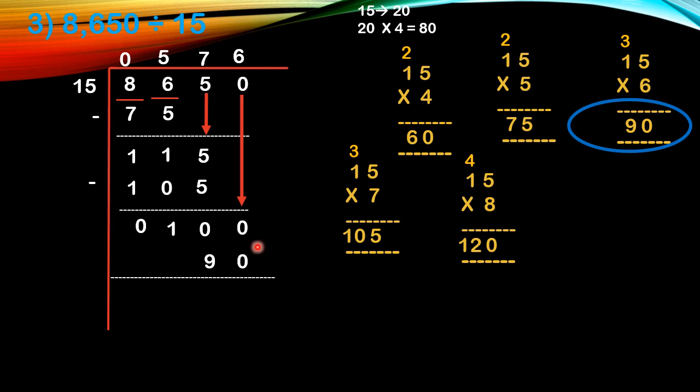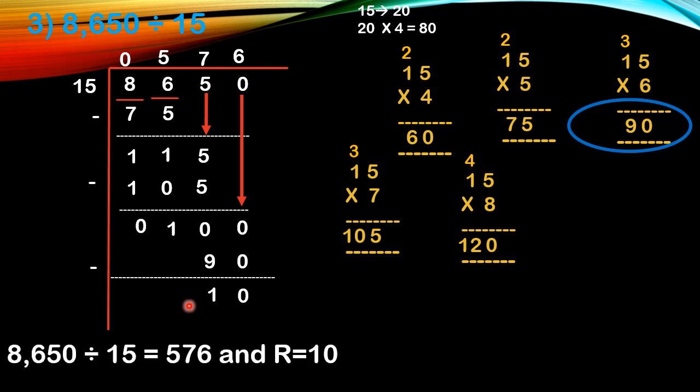Then we subtract 0 minus 0, 0. Then 0 minus 9, we have to borrow from the previous digit. So 10 minus 9 is equal to 1. So here 10 is the remainder, because 10 is smaller than 15. We don't have any other digit also. So 10 is the remainder. 8650 divided by 15 is equal to 576 as the quotient, and the remainder is 10.